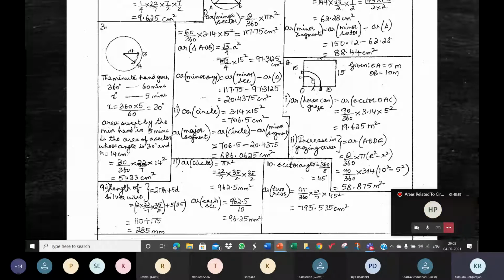This full thing is the new area that can be grazed, this is the area initially that can be grazed, and the increase in area is only this band. Read the question. I'll wait for some time. Understand better.